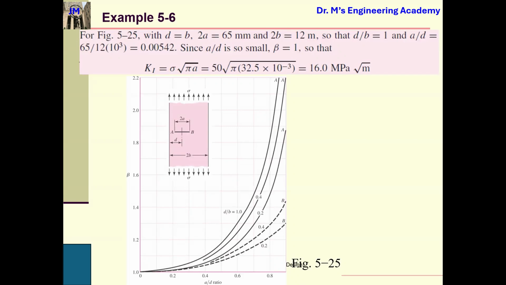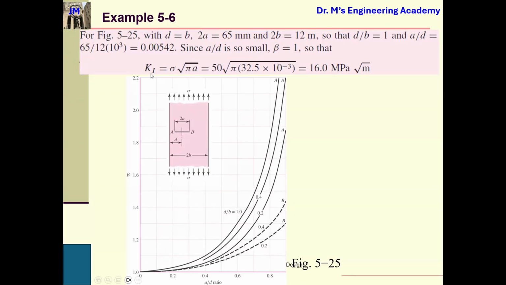Then I draw a line here, so beta will be equal to 1.8. So it's almost double. You should know why here we do not have the lambda or beta, because beta equals 1. Questions?